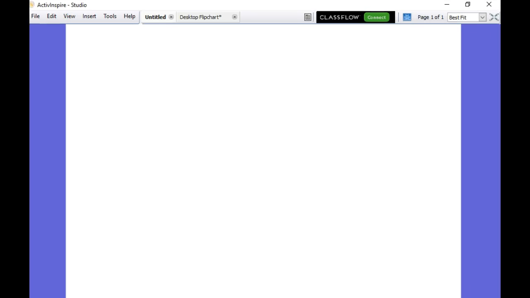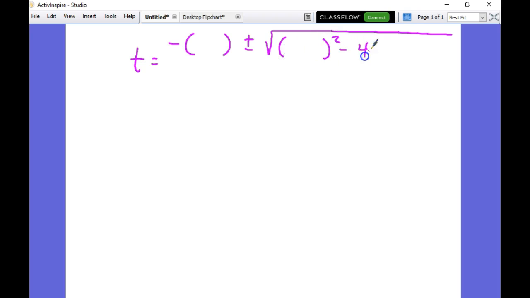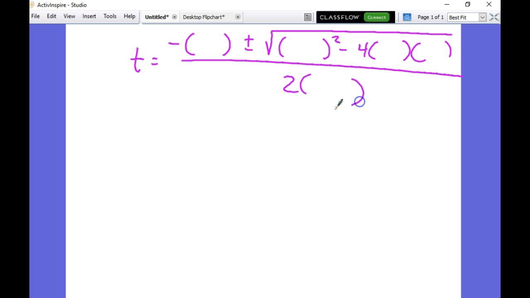And once again, this is a calculator question. Okay, so B is 900, C is 6, and A is negative 16.